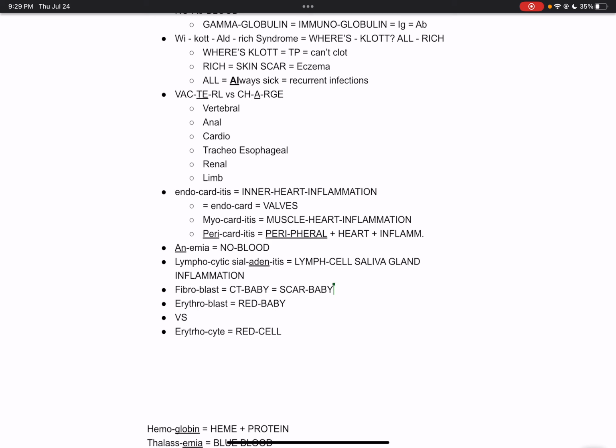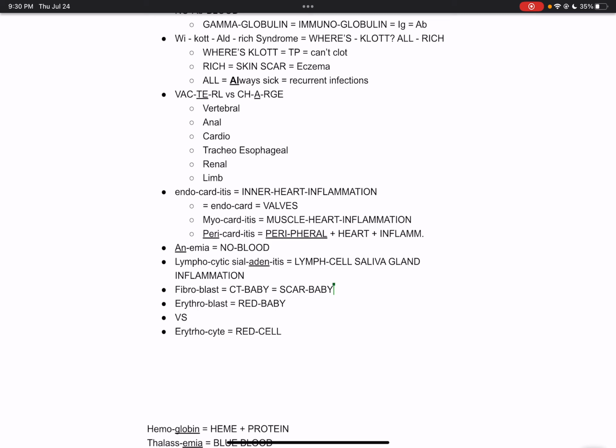Scar is just when your body makes more connective tissue to scar something over, right? So why do they call it a baby? We kind of don't need to. It should just be called a fibrocyte. But I think it's because it's building and creating new scar. So it's like a baby because it's maybe not growing into something else, but the cell is growing into new scar.